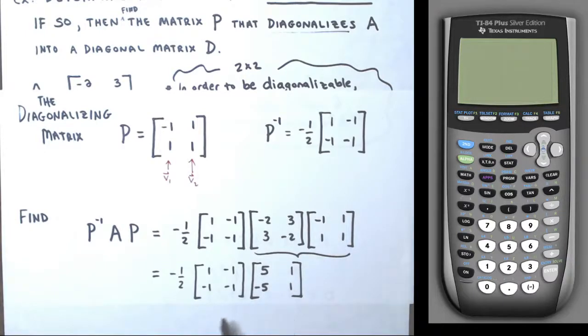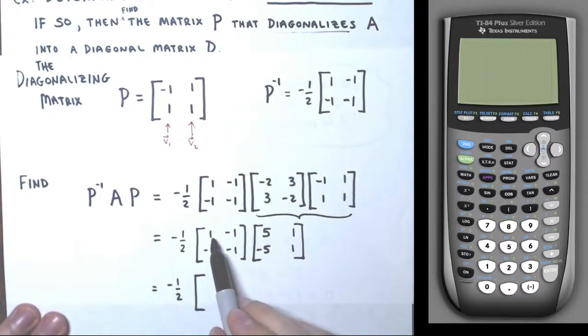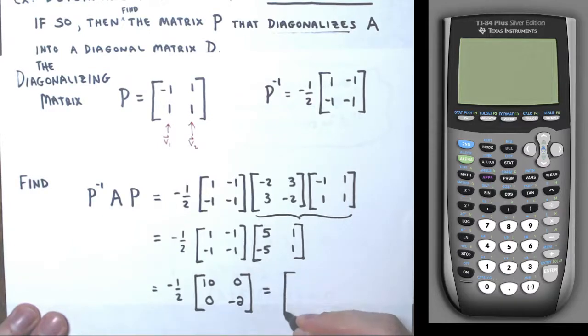Then multiplying these two matrices, we've still got -1/2 out here. First row, first column: 5 plus 5, 10. Then 1 minus 1, 0. -5 plus 5, 0. And then -1 plus -1, -2. Multiplying each of these by the -1/2: -1/2 times 10 is -5, and 0, 0, and then -1/2 times -2 is +1.